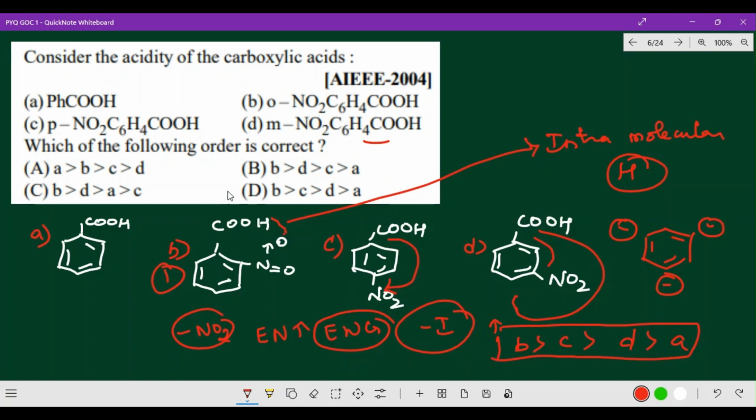Option D is the correct option. Hope you got the clarity. So ortho, para, meta, and benzoic acid. Please remember, whenever an electronegative group is present over here, you can follow the same idea. Come on, let us go for the next question.